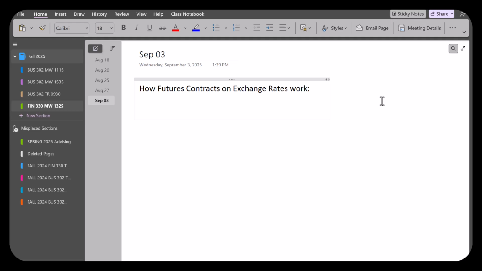Today we're going to work on how futures contracts on exchange rates work, basically the mechanics of it. First and foremost, these are traded on the Chicago Mercantile Exchange, short for CME.